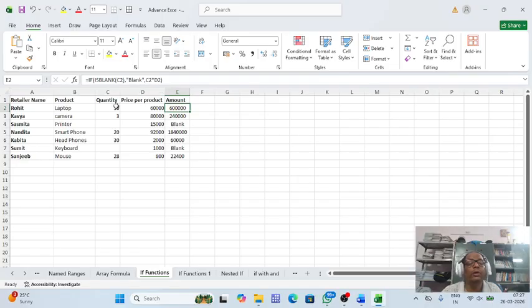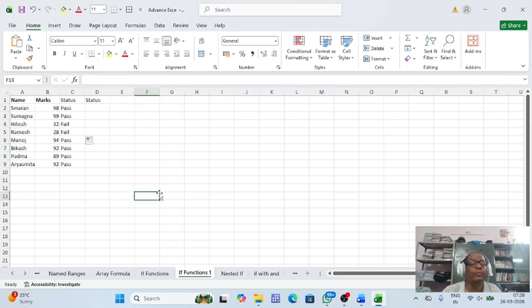Otherwise, if there is any quantity mentioned in the C column, then the amount will be the product of price per unit and quantity. So this is how it is done. So the formula is IF ISBLANK C2: if C2 is blank, then it will show blank. Otherwise, the output will be C2 times D2, that is price per product and quantity, which leads to the amount.